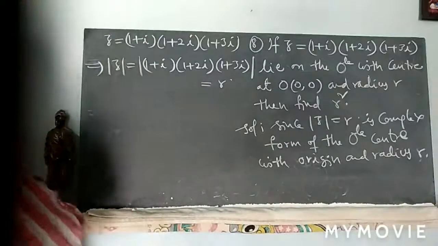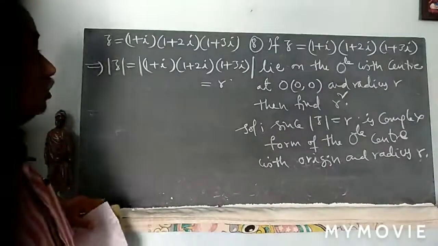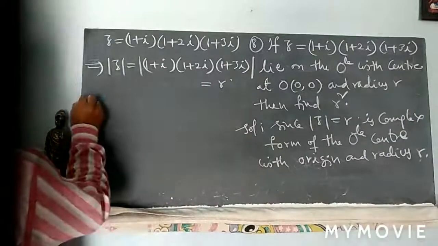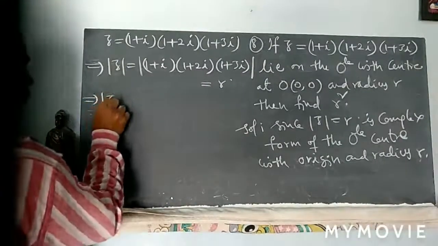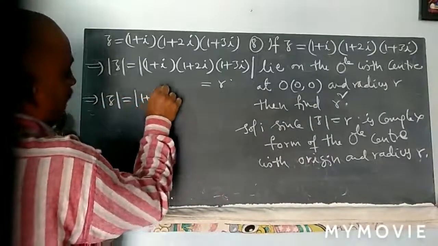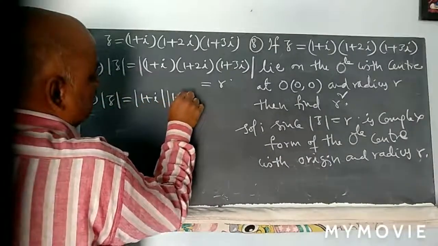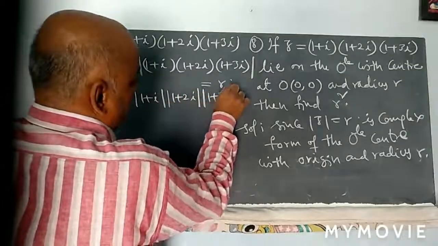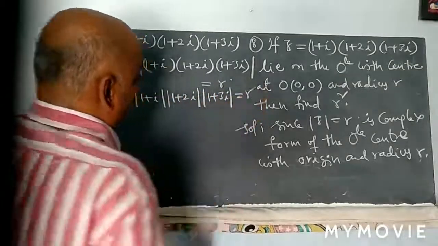Since mod of z1 z2 is equal to mod z1 into mod z2, this implies mod z is equal to mod(1 plus i) mod(1 plus 2i) mod(1 plus 3i) is equal to r.